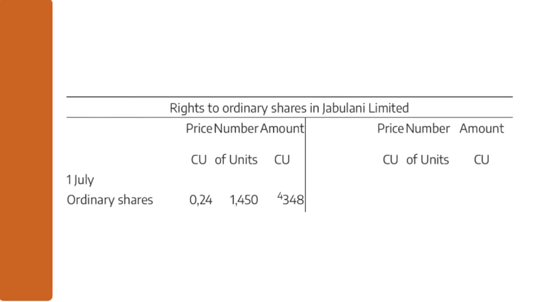So on the 1st of July, you have a new T account, the rights, and from the ordinary shares, you will transfer an amount to the new T account, the rights. The value of the rights on initial recognition, that 348 Rand, is derived from the value of the shares.